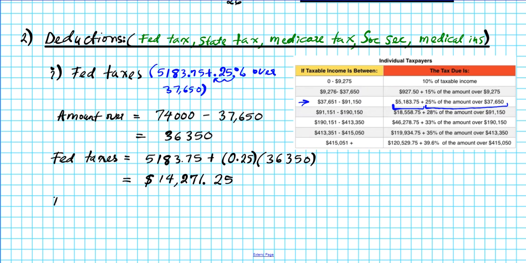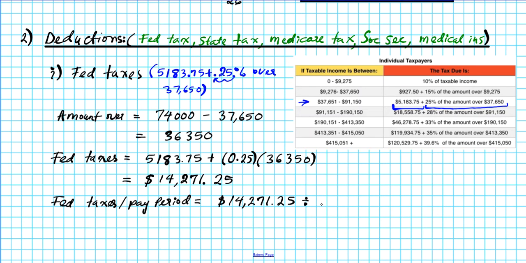But what are her federal taxes per pay period? Let's figure that out. So her federal taxes per pay period is simply her annual federal taxes of $14,271.25 divided by the number of pay periods she has.